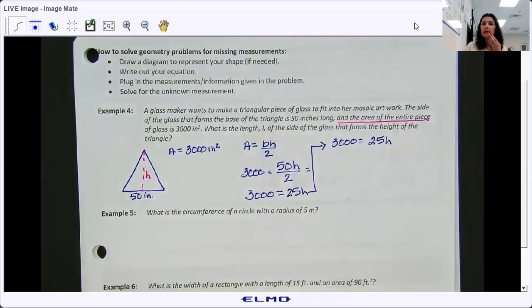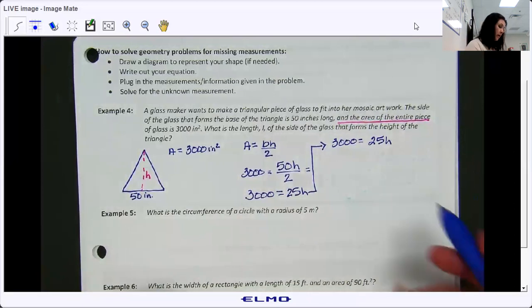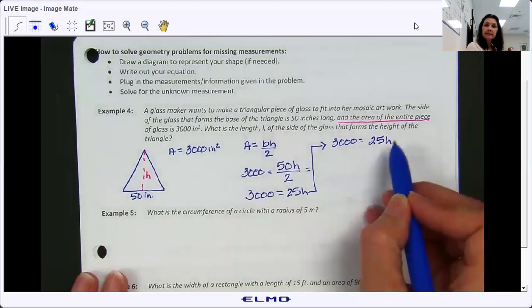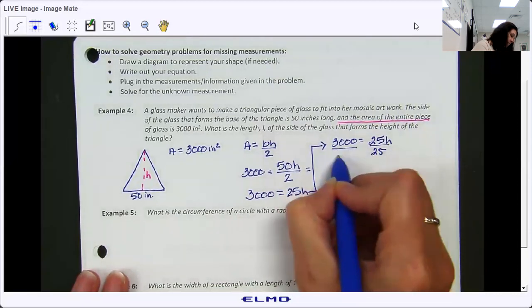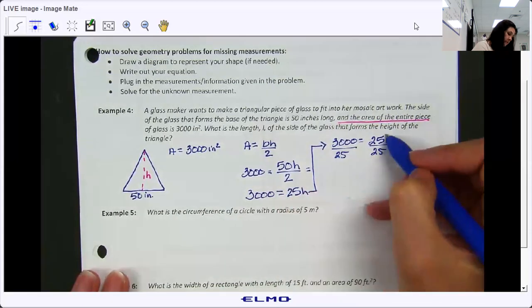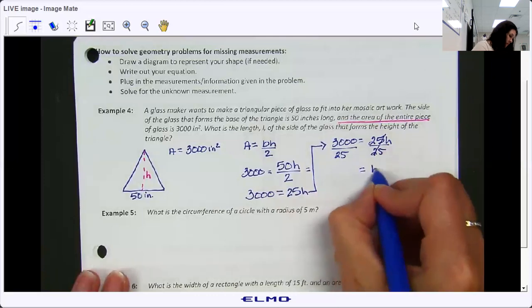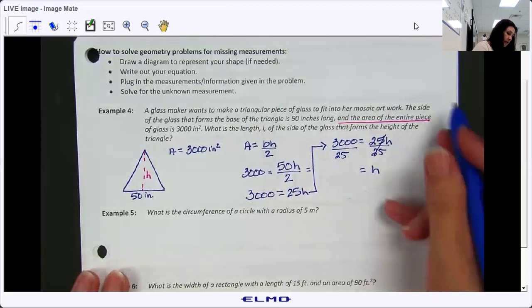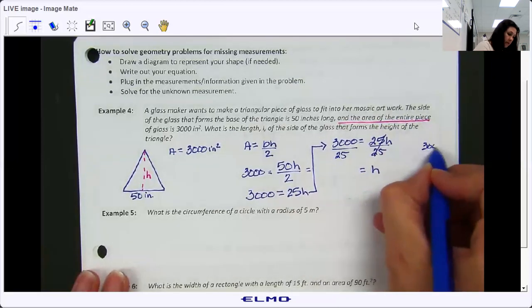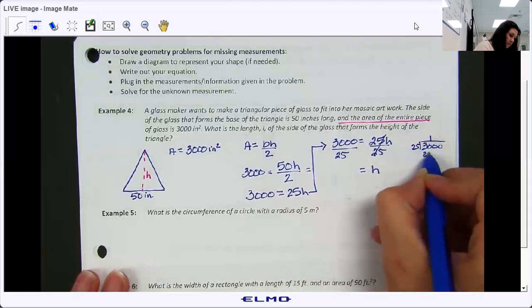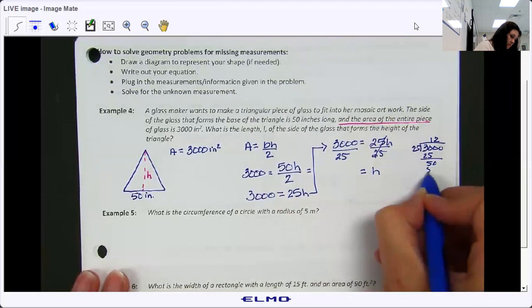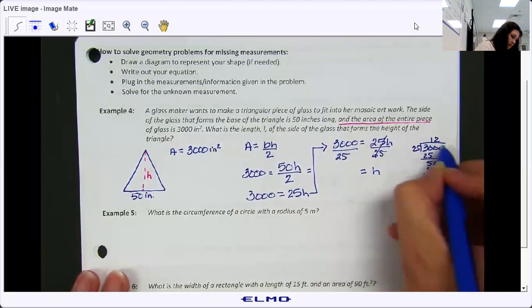And then we're back to solving a one-step equation. In order to figure out the height, we have to isolate that H, so we're going to divide both sides by 25. This cancels out. If you don't know what 3,000 divided by 25 is, you just set it up like this, and then add a 0 down here.